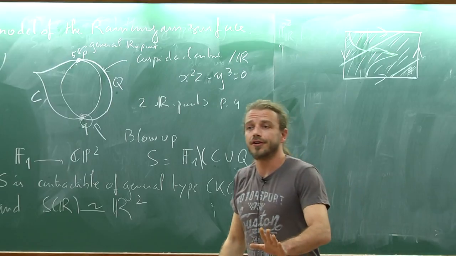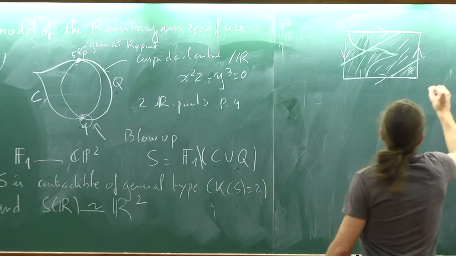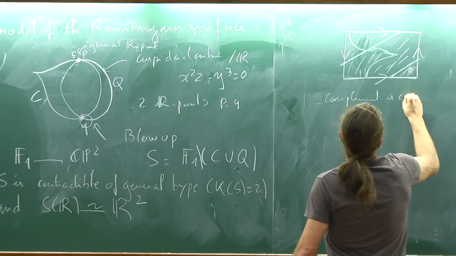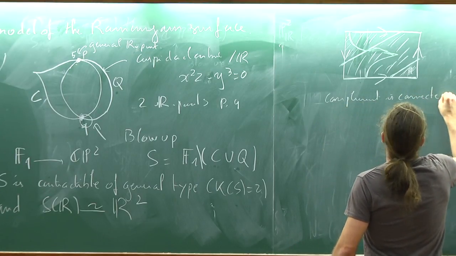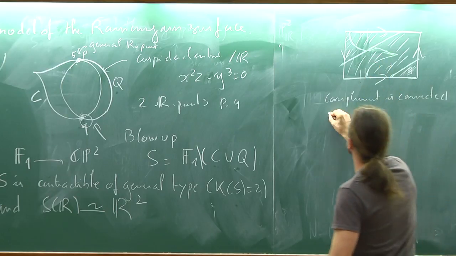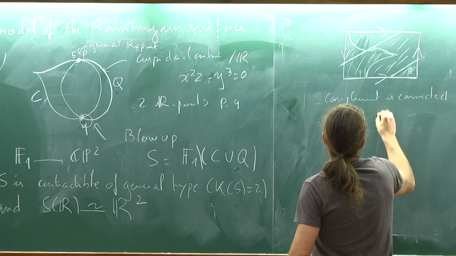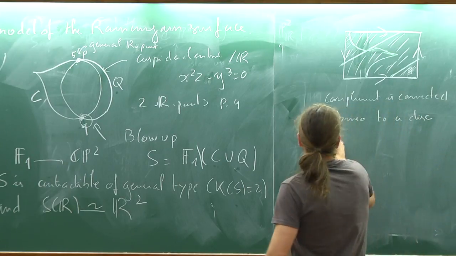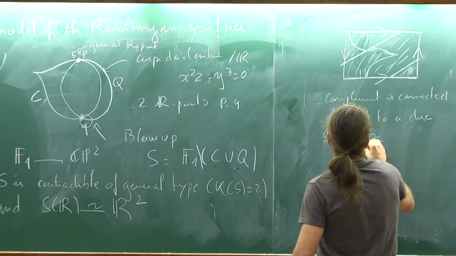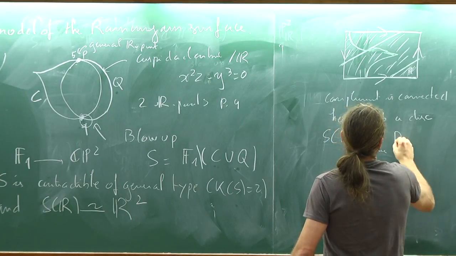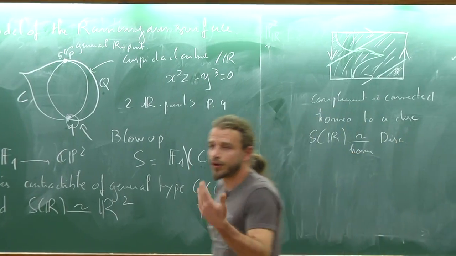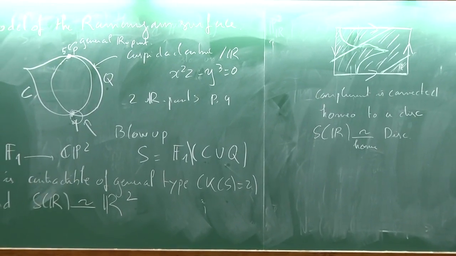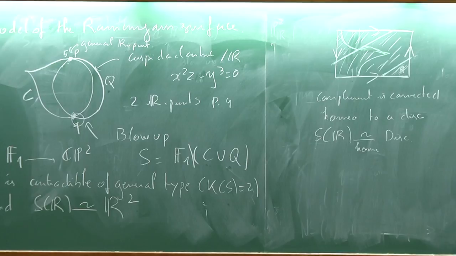So the complement is connected, right? The complement is connected. And if you play a little bit more with this picture, in fact, it's homeomorphic to a disk. So S of R is homeomorphic to a disk. And since we are working with a smooth affine surface, this means that it is actually diffeomorphic to R2.